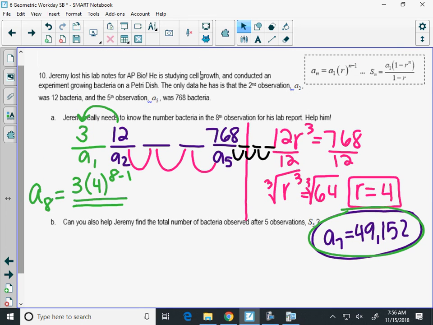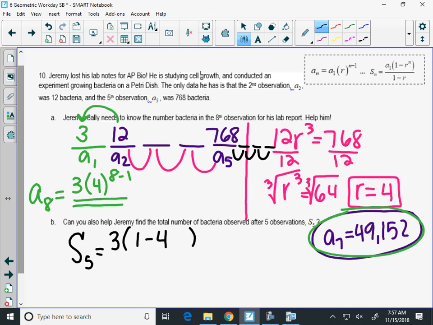Now it says let's find the total number of bacteria after 5 observations. So if I add up 3 plus 12, on and on up to 768, how many bacteria did he have in total? So the sum S sub 5, I need to find the total number of bacteria. Well, I do know the first term. So see, it did work out. I needed to know the first term here, which is 3, times, in my parentheses, 1 minus my common ratio of 4 to the 5th power, divided by 1 minus 4.